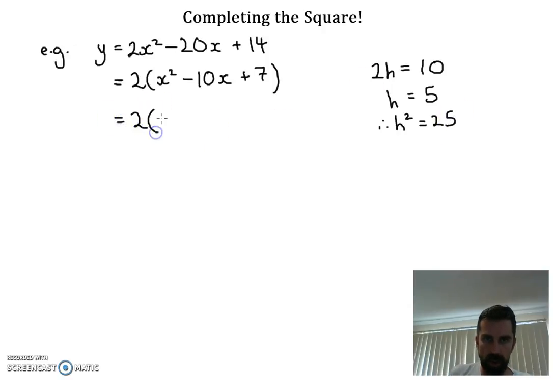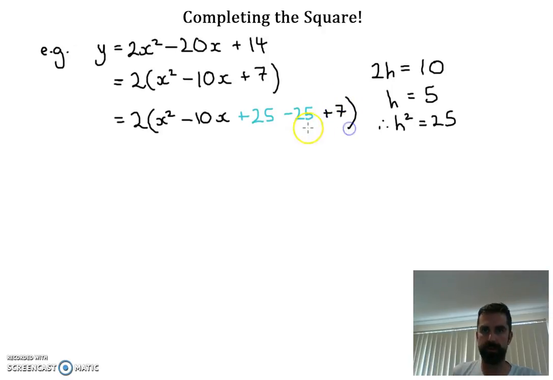I'm going to keep it all in the brackets because we're taking the 2 out and not worrying about it for now. So that's x squared, take 10x, and now I'm going to do my little perfect square trick where I add h squared, which is 25, and then immediately take it again. And I can't forget my +7. So I've just added 25 and taken 25.